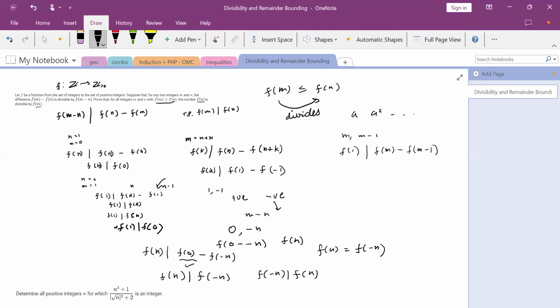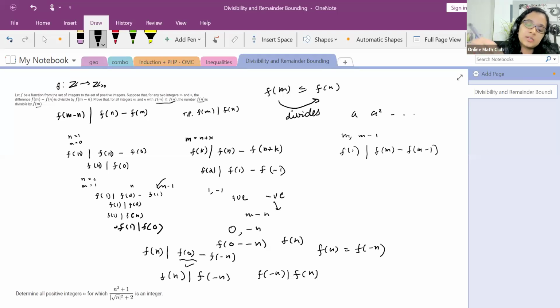As f of 1 divides f of 1, and from there induction follows. Yeah, so we know that f of 1 divides all f of n, but that doesn't really seem to help us now.